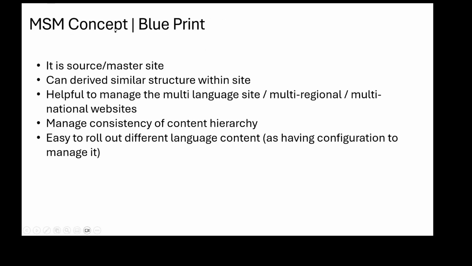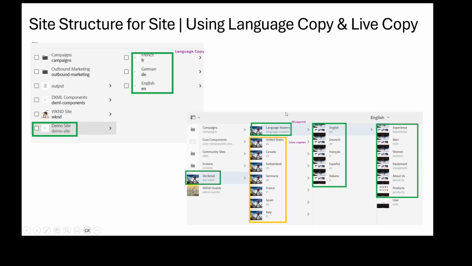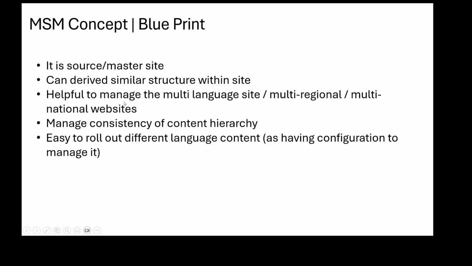Let's try to understand what the blueprint is. As we know, we are talking about a blueprint which is containing all the languages. So what is the blueprint? It is a source, or you can say it is a master website for us, containing all the languages, which will be useful in terms of having multi-region and multi-nation sites.